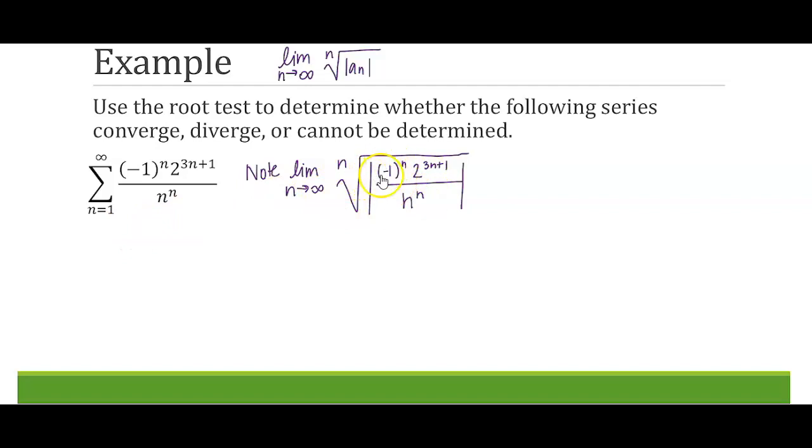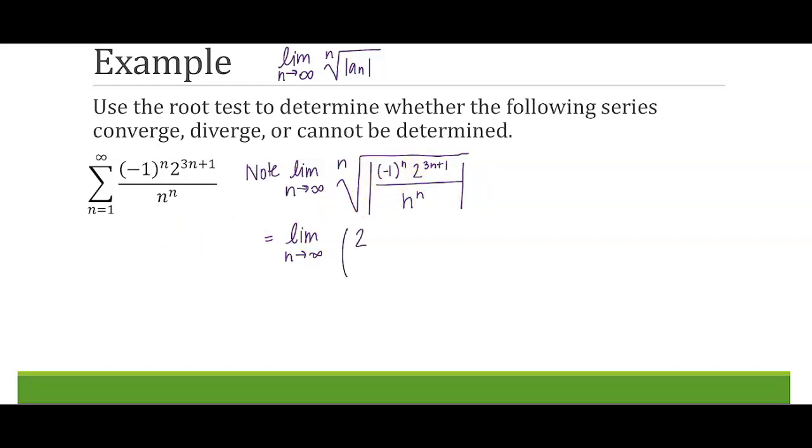Well, the absolute value is going to eliminate this alternating piece. So this is the same as the limit as n approaches infinity. I'm going to rewrite the nth root as the power of 1 over n, and I'm going to drop the absolute value and the alternating term.